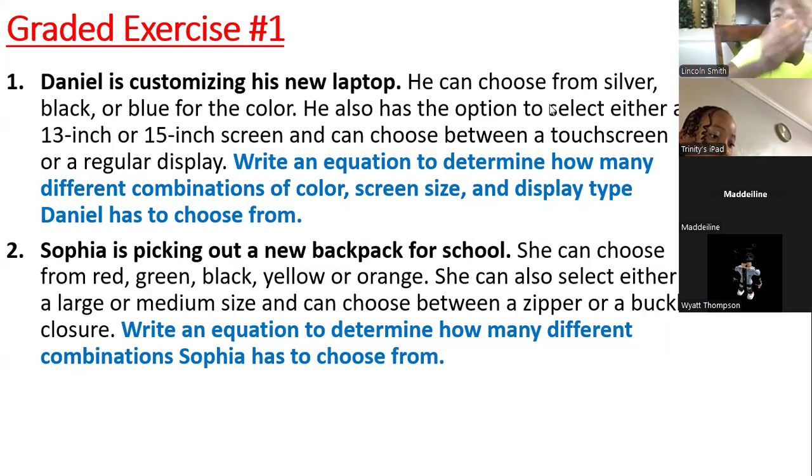Okay. Trinity, what number are you on? Number 1. Writing it down or answering? Lincoln, what number are you on? Number 1. Okay. Wyatt, can you hear me? Where's Wyatt?